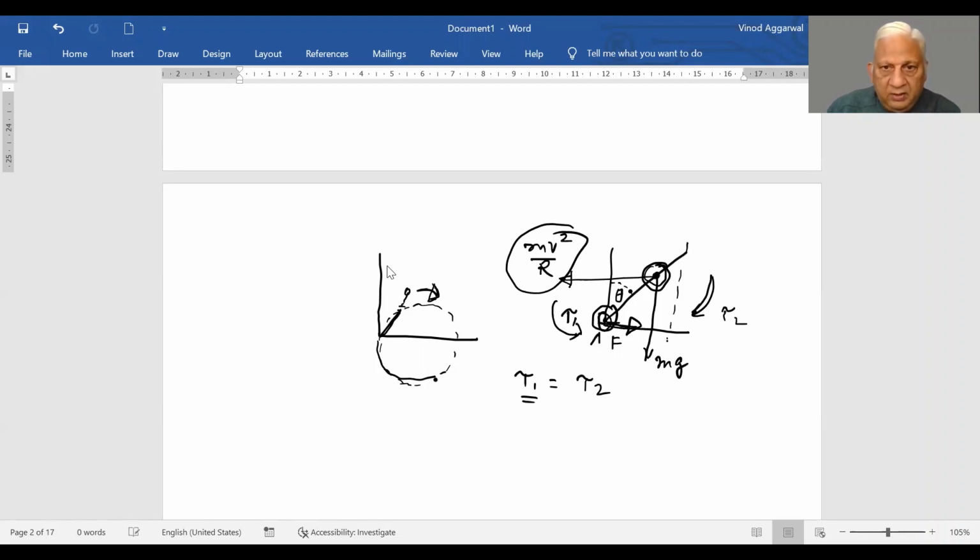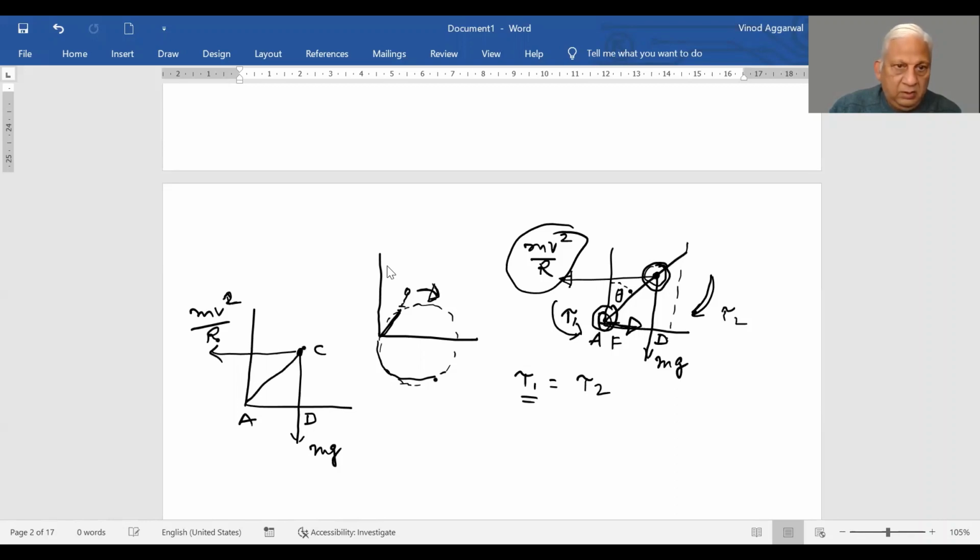Let's make a fresh diagram. This was the cyclist. Force here, centrifugal force here. Let's say this is point A, this is point D, this is point C, and it's making an angle theta.